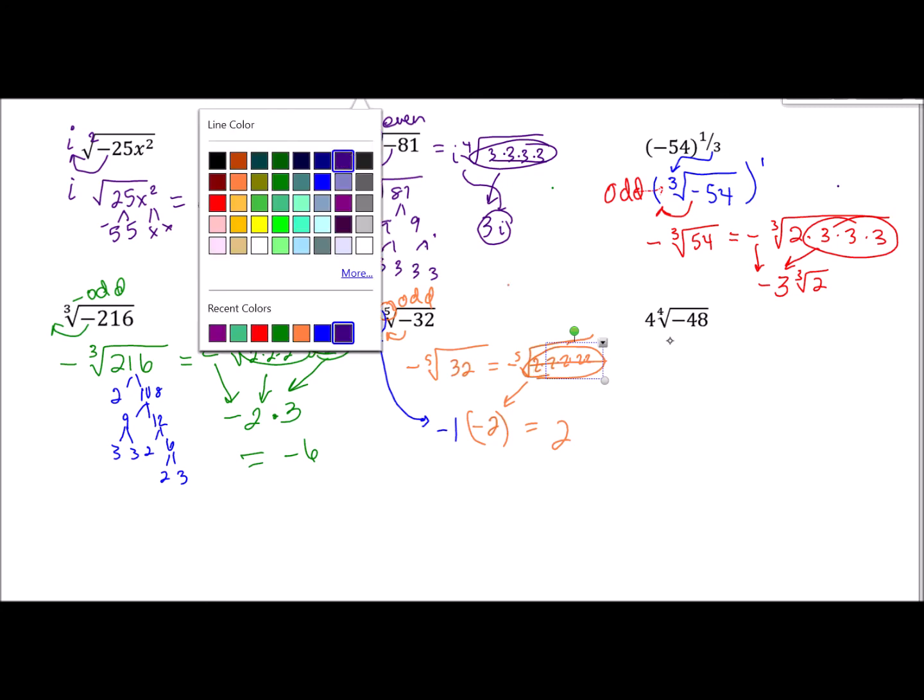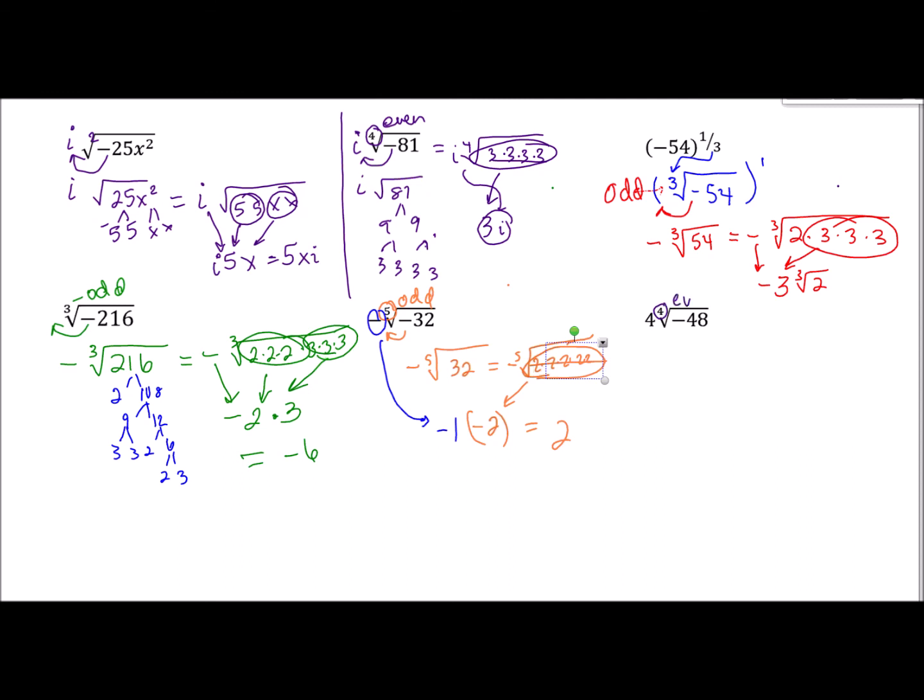Okay, this one right here, we've got a 4 out front, but we're just going to deal with that at the end. Negative inside, this guy's even, which means he's going to bump outside and become an i. So it looks like this right now. All right, we're going to break down 48 for i, fourth root, 2, 2, 2, 2, 3.